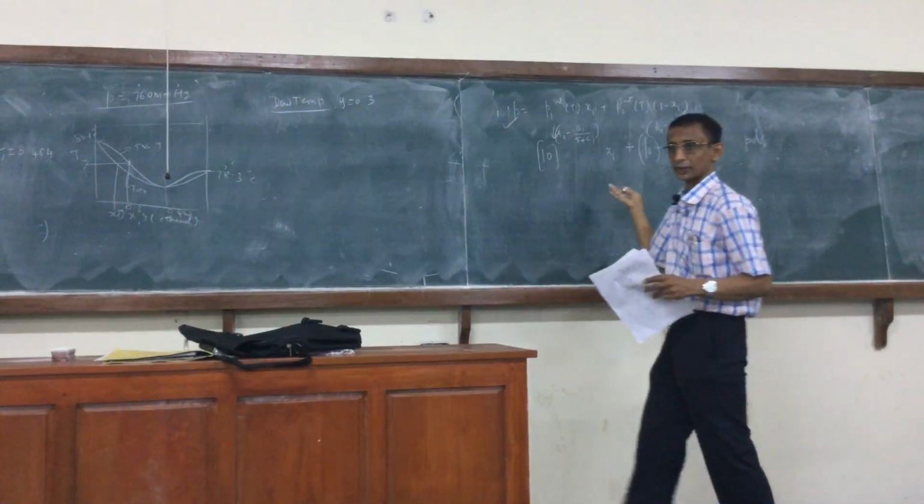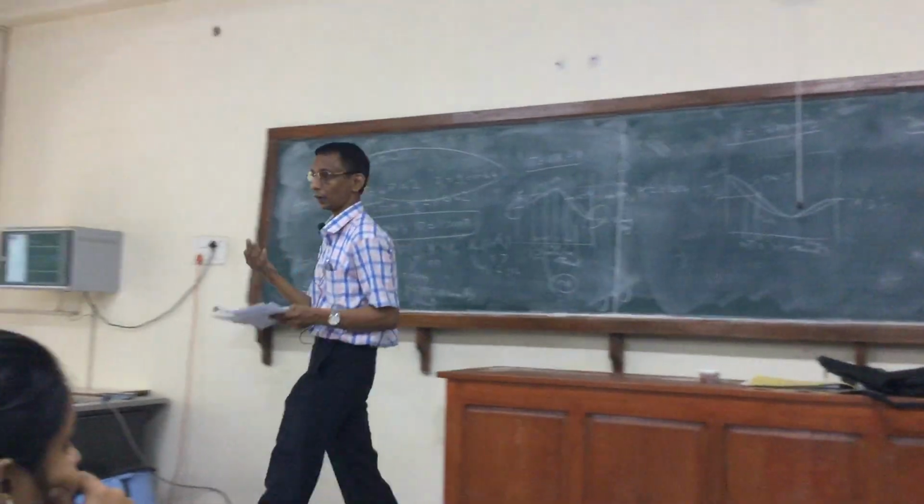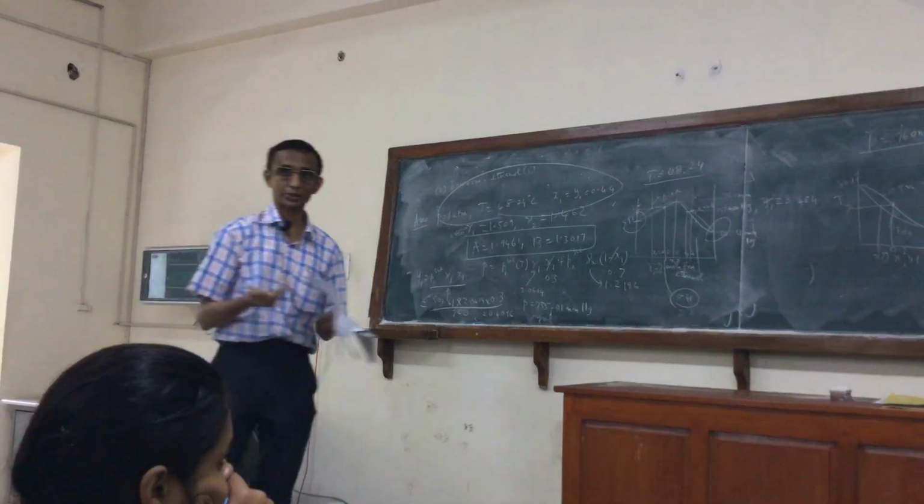So you have to solve this. It also requires an iterative procedure. You cannot get it as I had hinted that you may get a polynomial. It's not going to be possible. You have the logarithm in the saturation pressure.